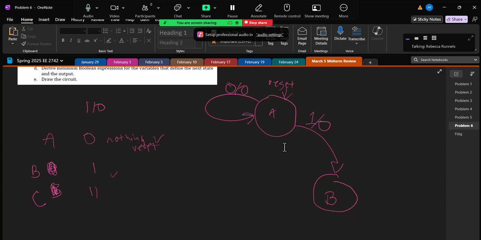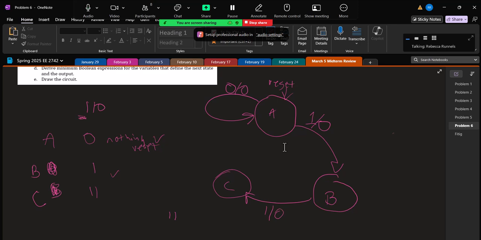State B means we've gotten our first 1. So we have 1, 1. If we get another 1, we're making progress, so we know that's got to be another state. We don't have 1, 1, 0 yet, so our output is just 0.